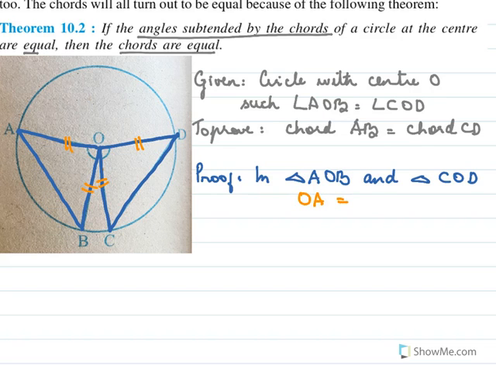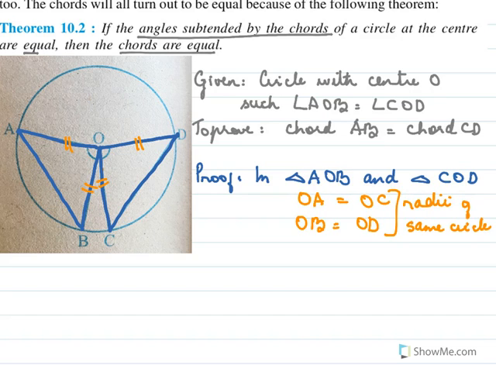So OA equal to OC, and then OB equal to OD, reason: radii of same circle.